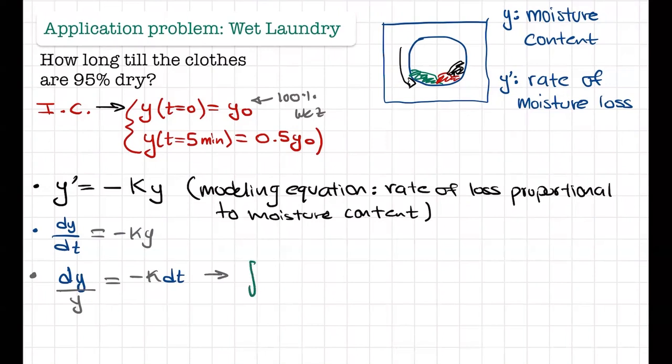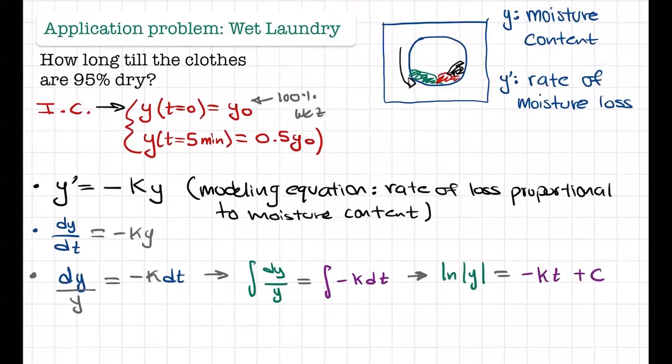So we have the integral of dy over y, and this will be equal to the integral of negative k dt. Solving both of them, we get natural log of y equals negative k times t plus c, right?